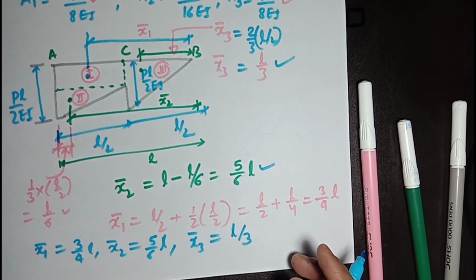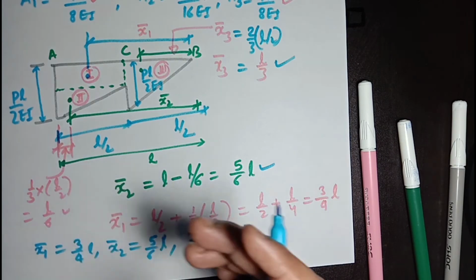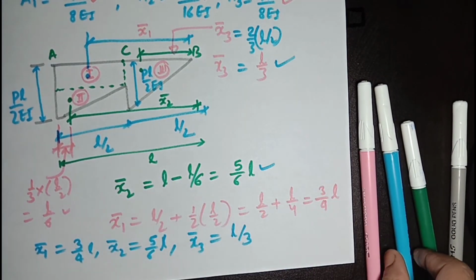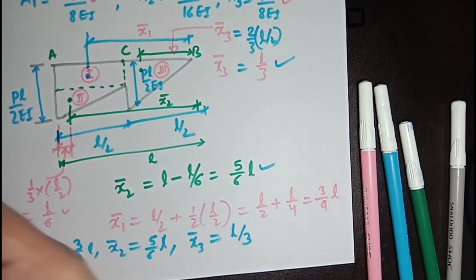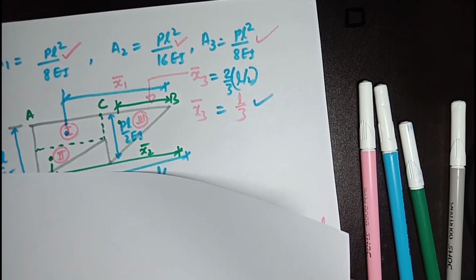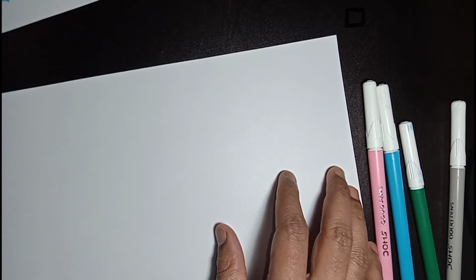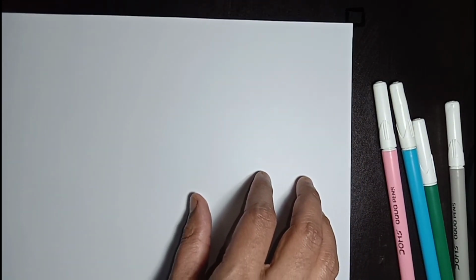So we are just going to multiply the area of every region of the M over EI diagram with the respective centroid, and it will directly give the deflection at point B. So here we are just multiplying the centroidal values with the respective areas of the divided regions.